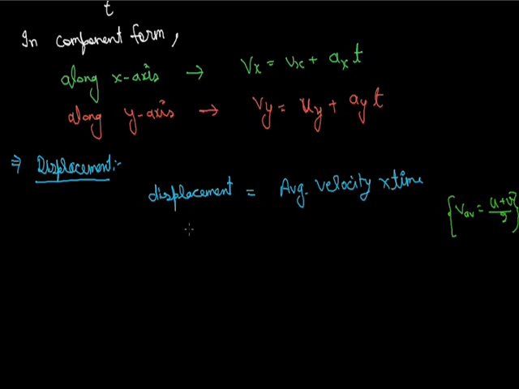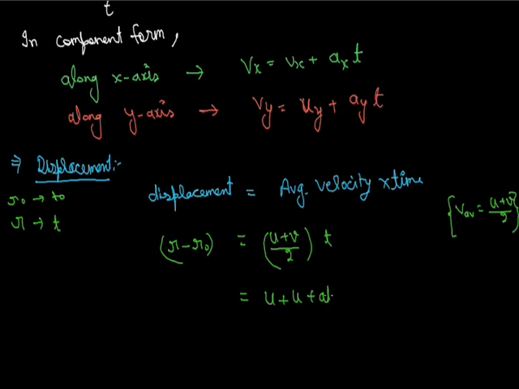And here we take displacement as r at time t and r naught at time t naught. So now displacement is r minus r naught, and average velocity is u plus v by 2 into time t.